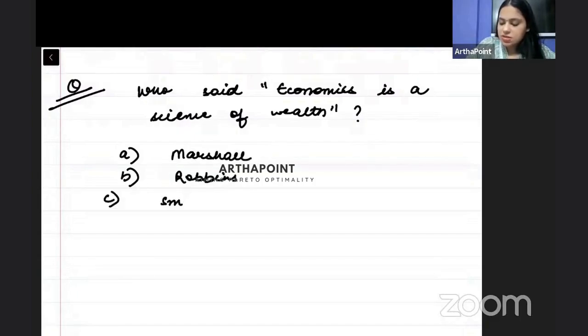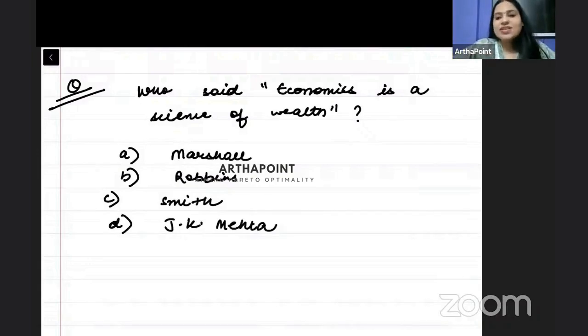C, Smith. D, J.K. Mehta. Who said economics is a science of wealth? ऐसे क्वेश्चन बहुत often आते हैं and you must be very well aware of such kind of questions. Okay, we have started receiving the answers. C. Anyone else?